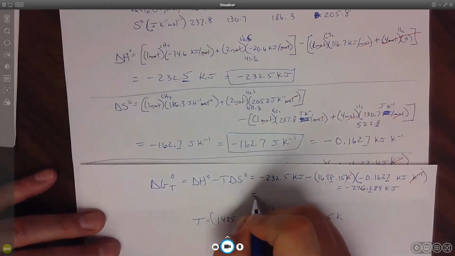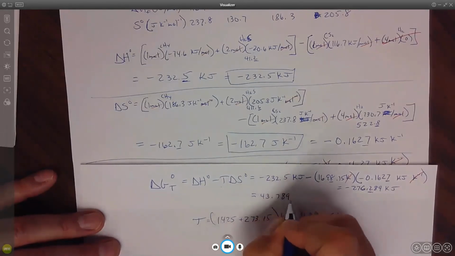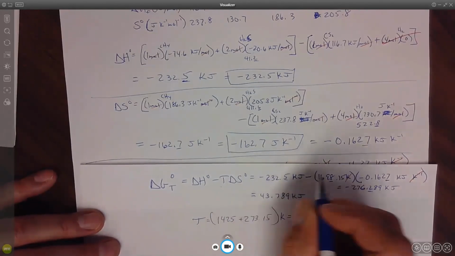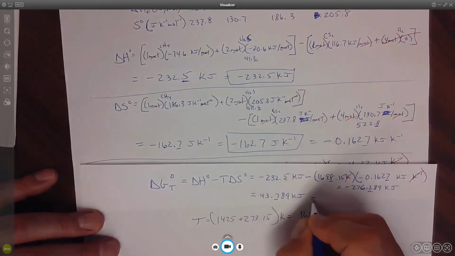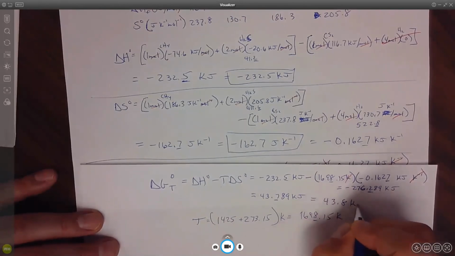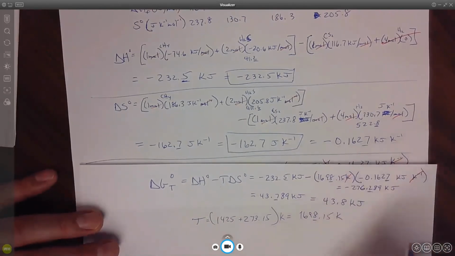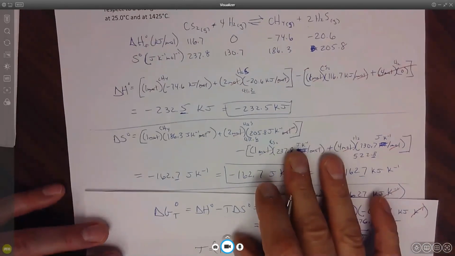And that's going to give you a value of 43.789 kilojoules. This is 1 pass, this is 1 pass, so this will be 1 pass. So your final answer would be 43.8 kilojoules. And this was at 1,425 degrees Celsius.